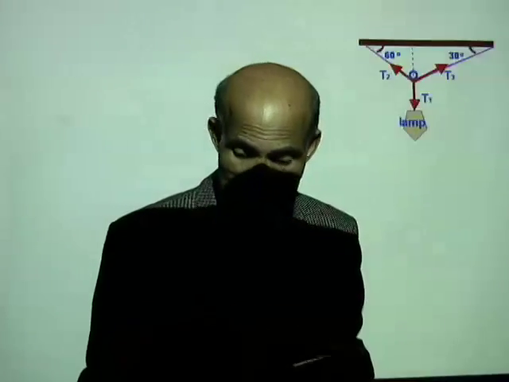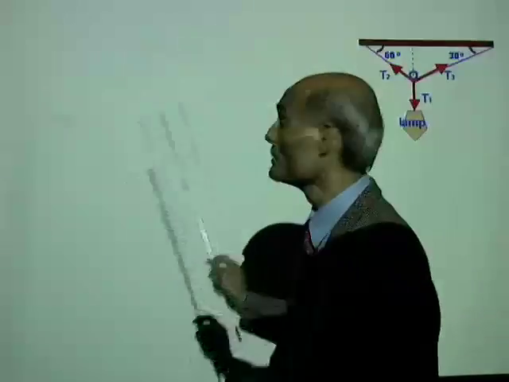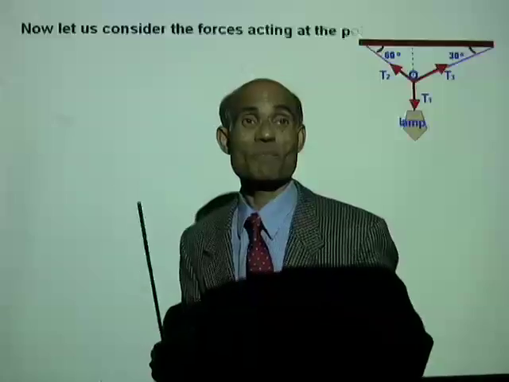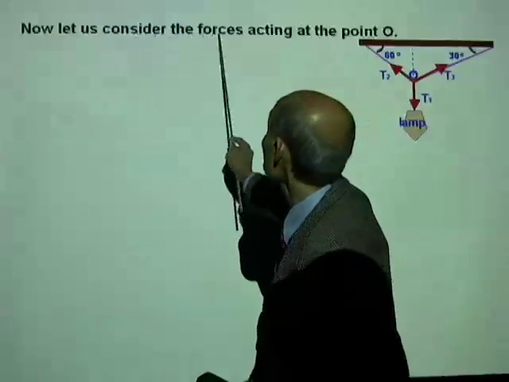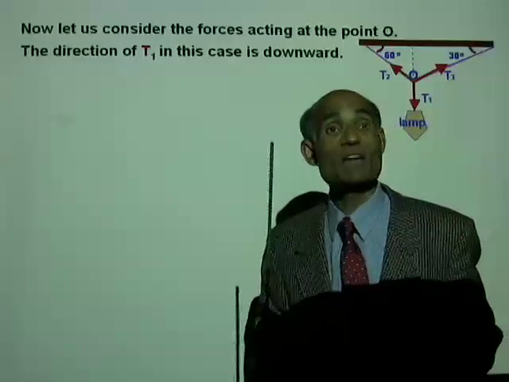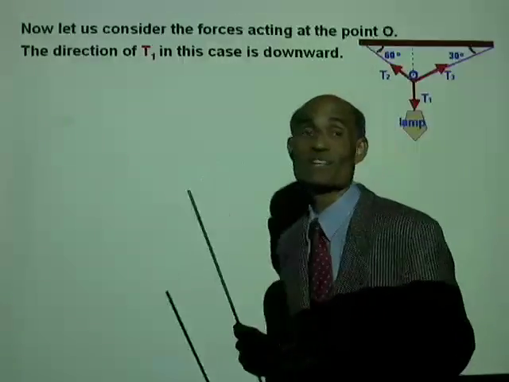So when you now consider the forces at the point O, the tension T1 is actually downward. We will now consider the forces acting at the point O, and in that case, the direction of T1 is downward.